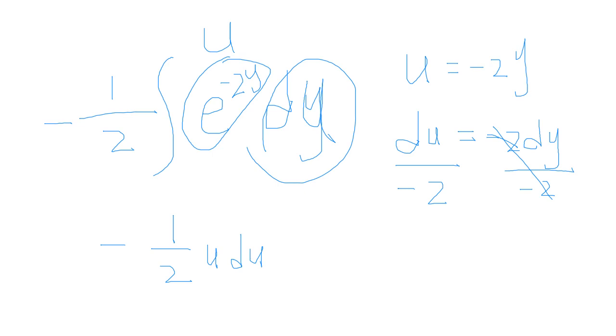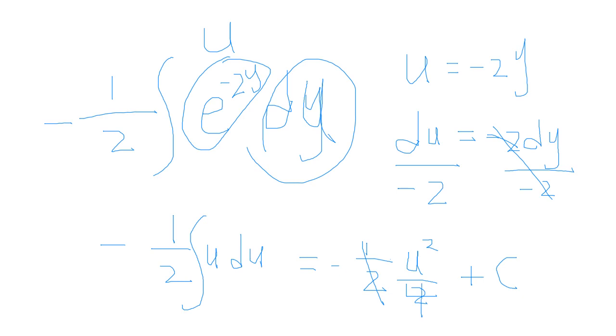So how do we integrate this, Gregory? U to the power over 2, then over 2. Right. That's it. Just negative u squared divided by 4 plus c.